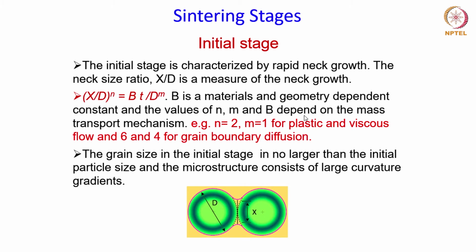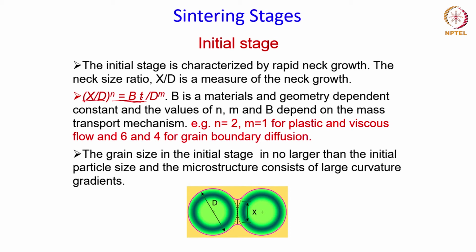The initial stage is characterized by rapid neck growth. The neck size ratio x by d is a measure of the neck growth, as we have discussed before also. The sintering model, which deals with the initial stage, considers isothermal neck growth as measured by the neck size ratio x by d, and the values for n, m, and b depend on the mass transport mechanism.